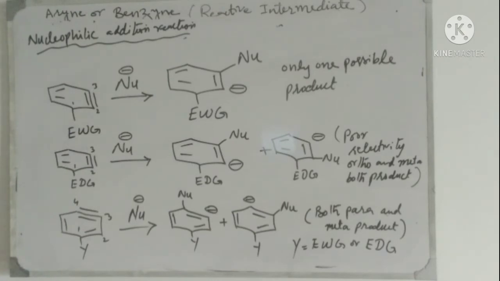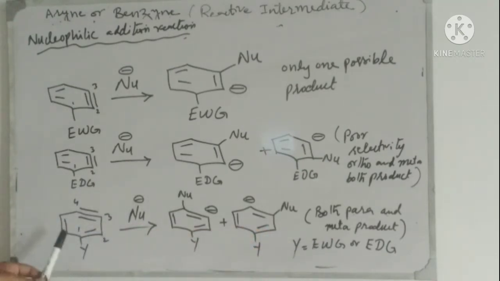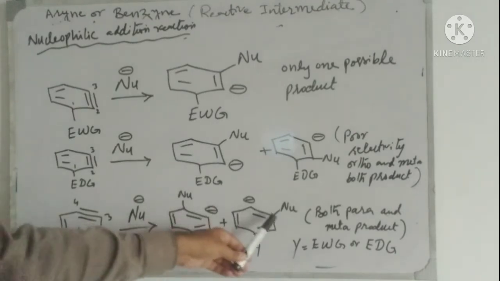The third possibility is that if this group, either electron withdrawing or electron donating, and the triple bond of benzyne is present between carbon 3 and 4, then the nucleophile can replace at the fourth position or at the third position.